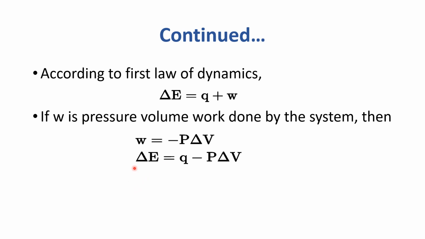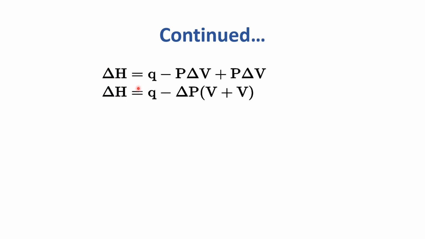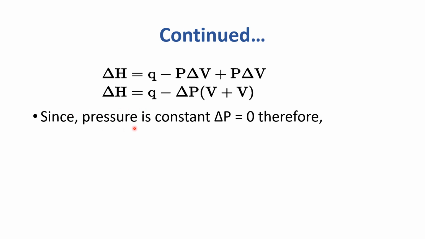By substituting, delta E equals Q minus P delta V. Putting values, we get delta H equals Q minus P delta V plus P delta V. Since pressure is constant, delta P would be 0. Therefore, we get delta H equals Q_P.